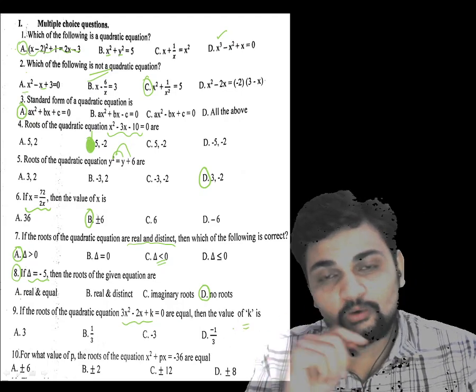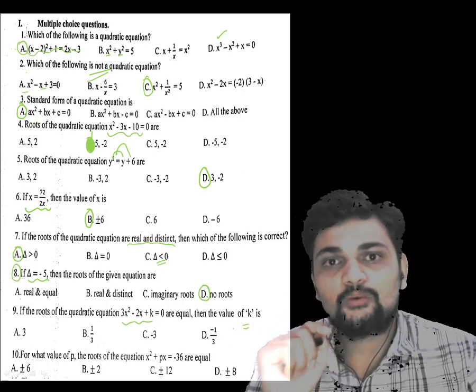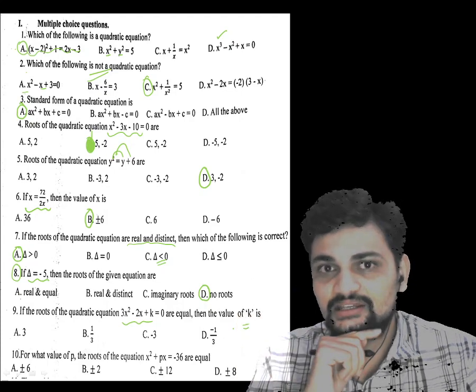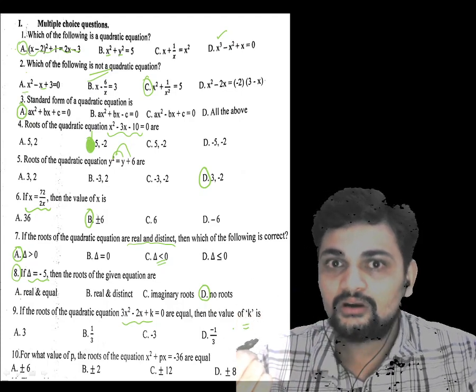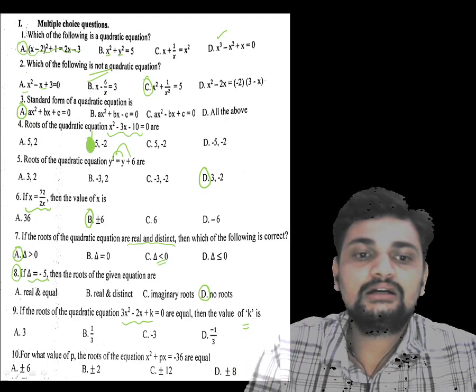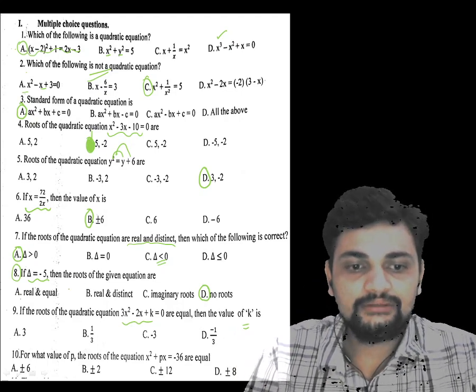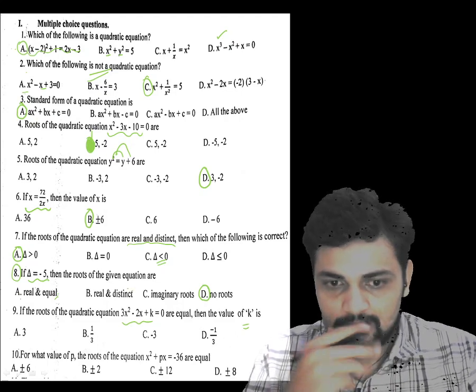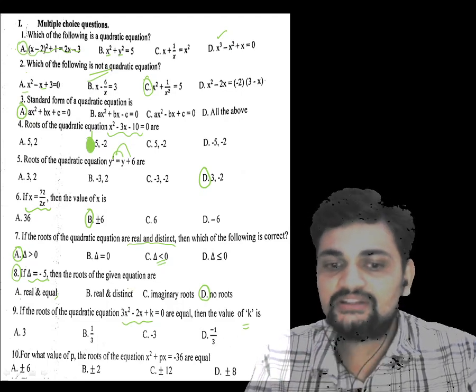Roots are equal only when discriminant is equal to 0. Because if it is less than 0, it is imaginary. If it is greater than 0, it is real and distinct roots. So find out the discriminant and equate with 0.